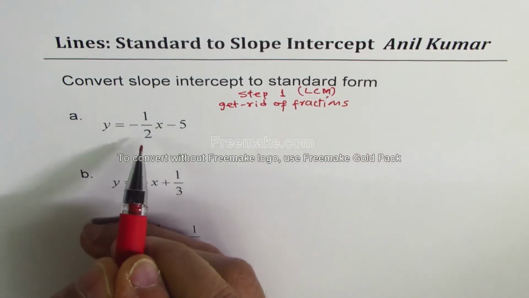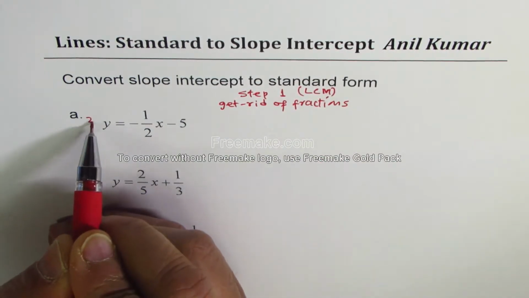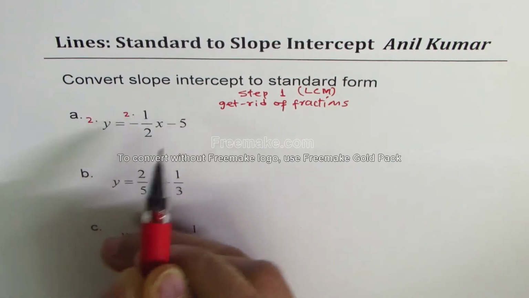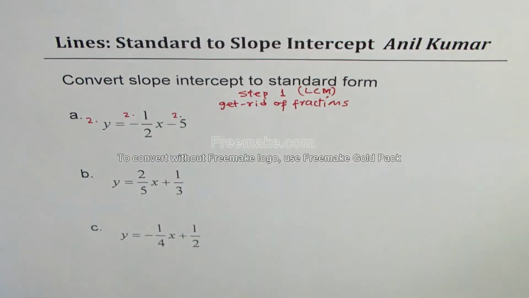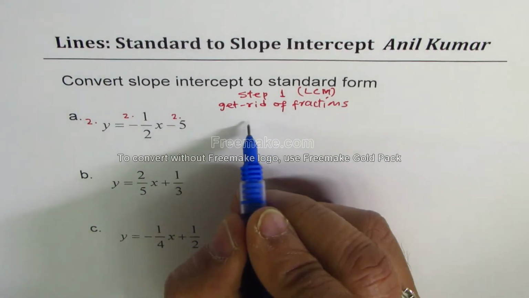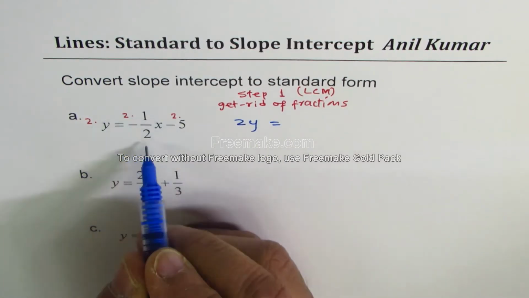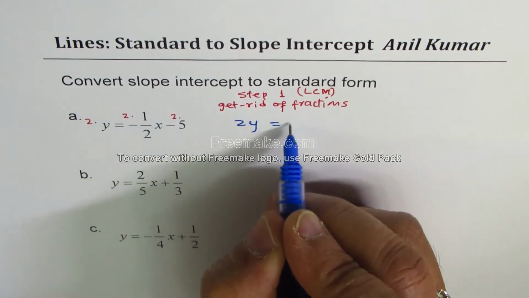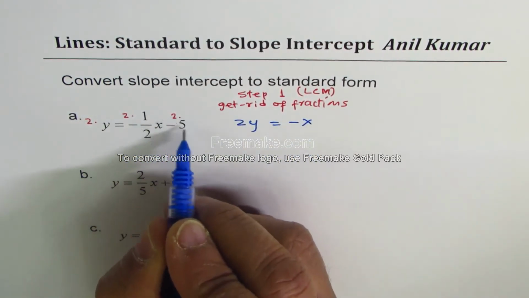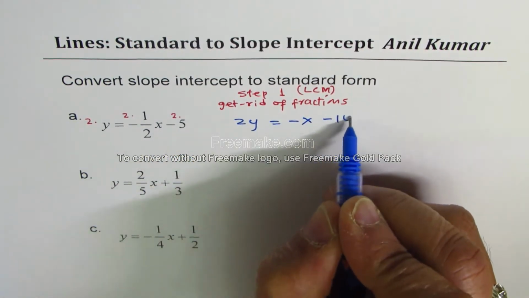Multiply by that. So it is 2. So we'll multiply every term here by 2. What do we get? We get 2y equals, 2 divided by 2 is 1, so minus x minus 10, 2 times 5, minus 10.